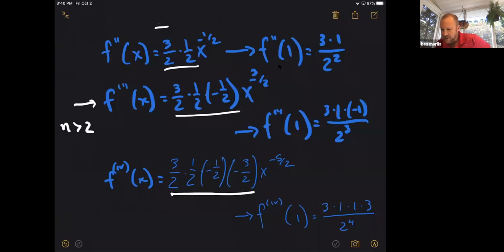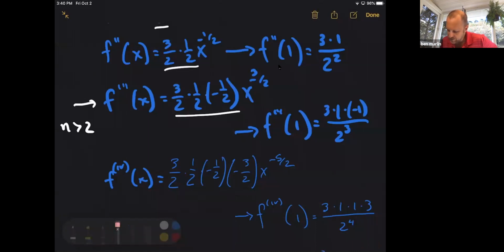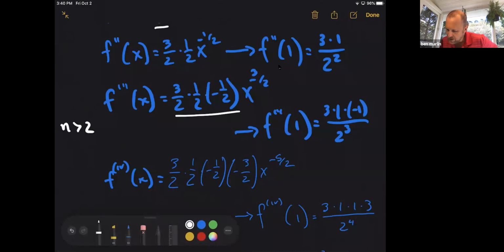But then the other thing that you should be able to see immediately is that there's going to be powers of 2 in there. So this one we've got here, we will end up having a 2 to the third, and I didn't leave enough space for that. 2 to the third.